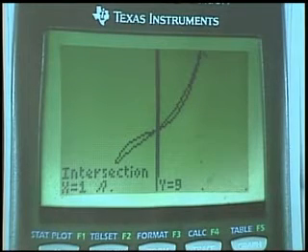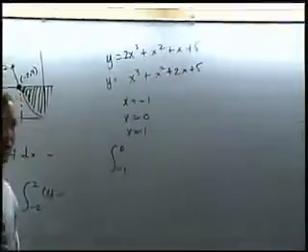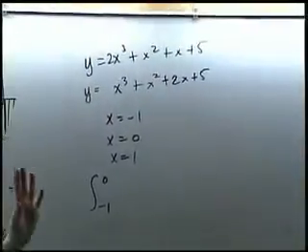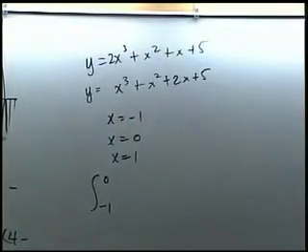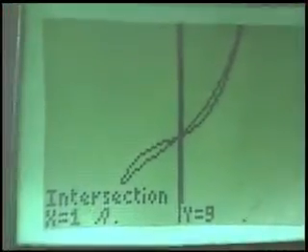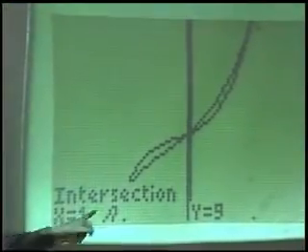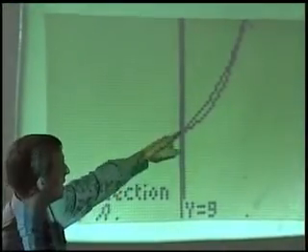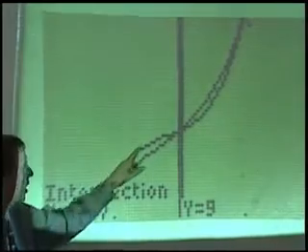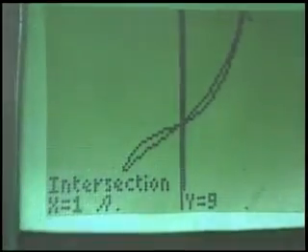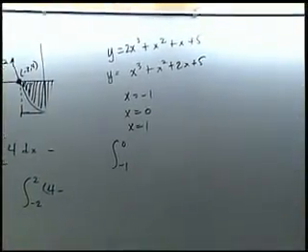Now when I set up this function to do the antiderivative, I'm going to go from -1 to 0 first. I'm just going to take this one region at a time, from -1 to 0. Now the question that comes up is, which is the upper function in that region? Which one is this upper one right here? It's a little bit hard to tell, but if I do a trace, I can figure out which one it is.